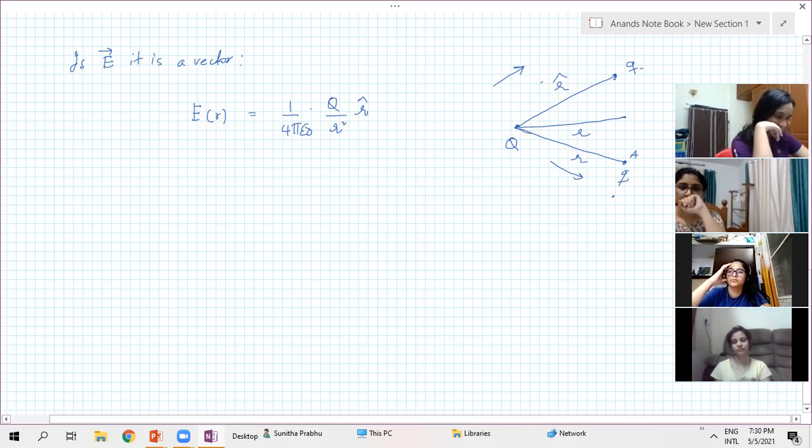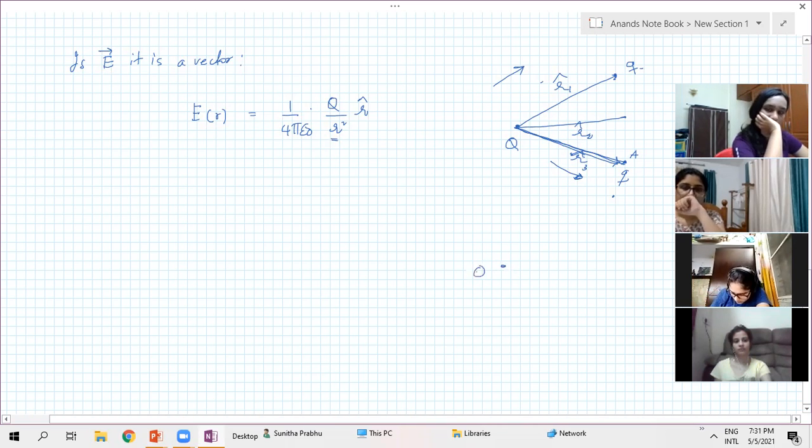This is your distance or displacement, isn't it? So it will be along this direction. So this R cap, you can say R1 cap, R2 cap, R3 cap. This actually shows the direction of your R. Are you able to follow? This R is the magnitude of the distance.